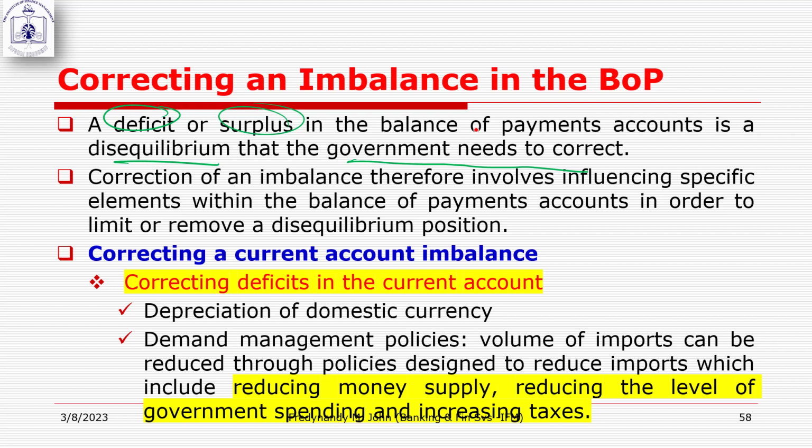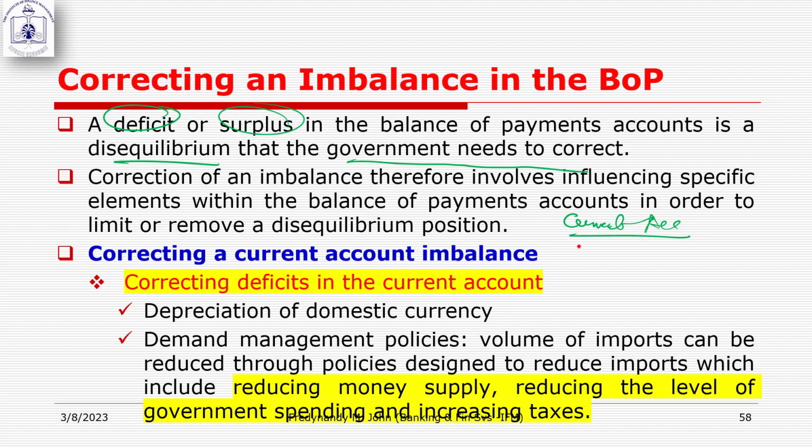Now, let's assume that we have a disequilibrium due to some issues at the current account. How do you correct the current account deficit? First of all, I need you to try to recall the contents of the current account.